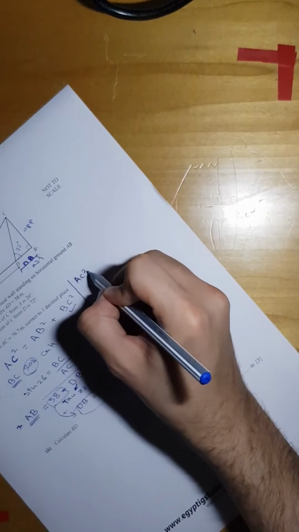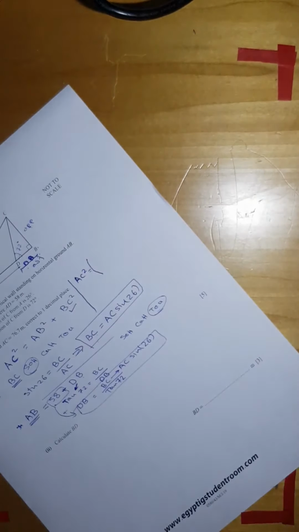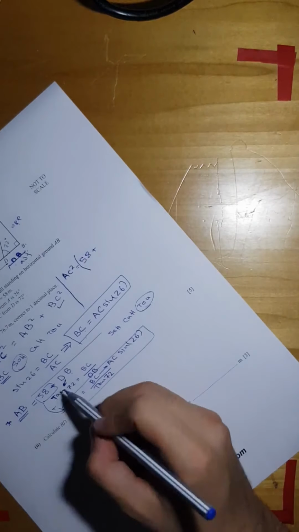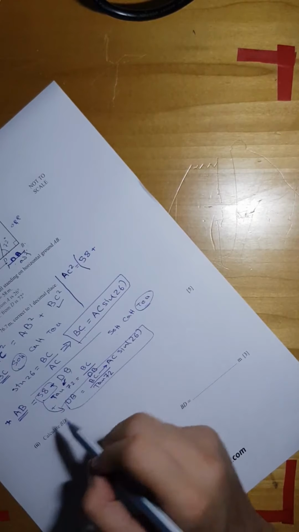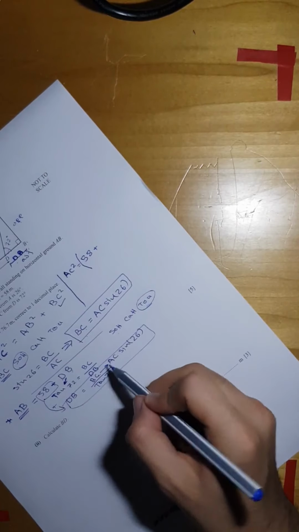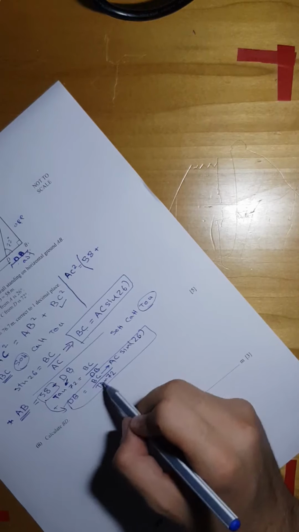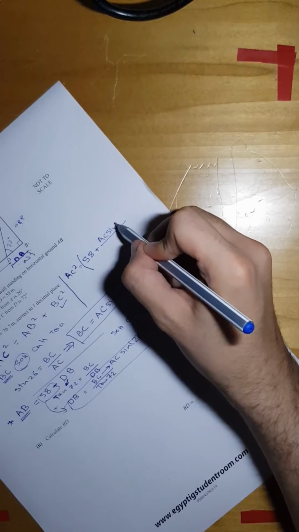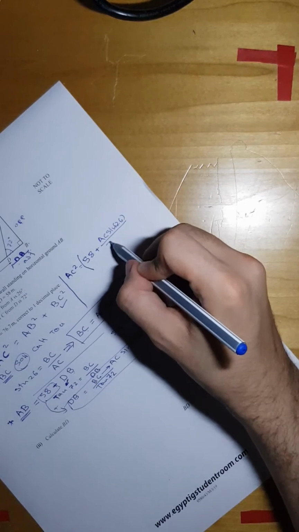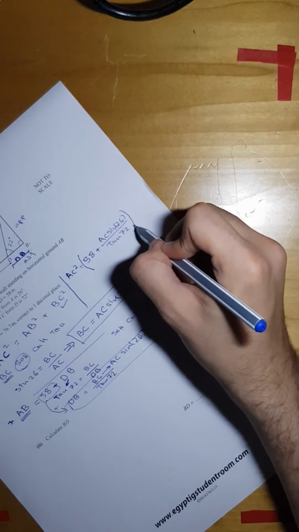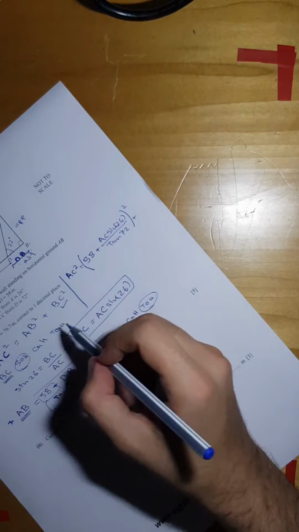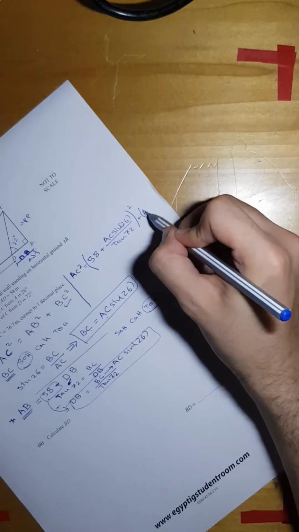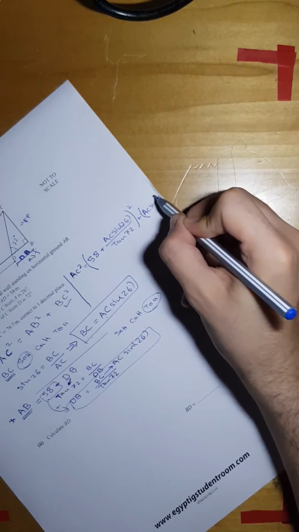So AC squared equals, open bracket, AB equals 58 plus, now we found that DB equals BC over tan 72, and BC equals AC sine 26. So we're gonna write AC sine 26 over tan 72 squared plus, now BC equals AC sine 26, so AC sine 26 squared.